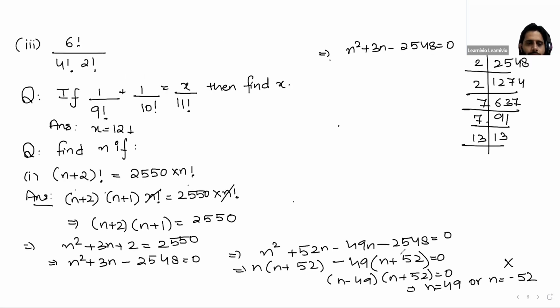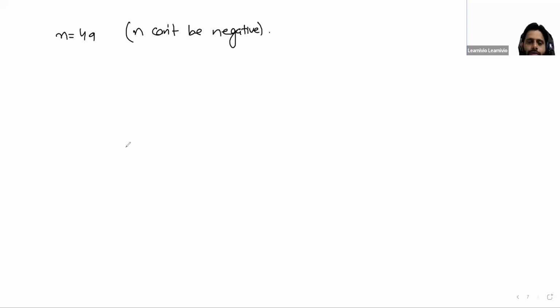So what is the next method? Next method is applicable for these types of questions only. So this is n plus 2 into n plus 1, and this is equal to 2550. This is our second method. Don't use this method for other quadratic equations.